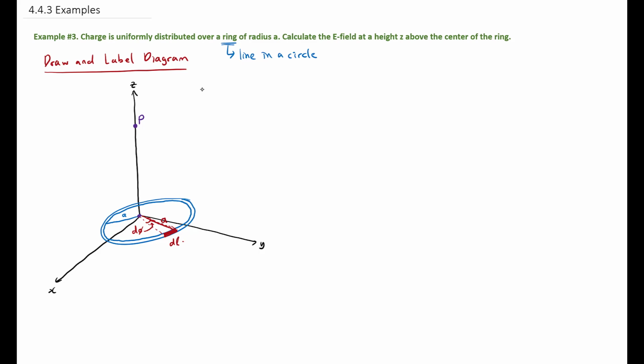So dl is the arc length, and it's a d phi. The other thing we know is that there's going to be a dq, a charge associated with this little baby step. So dq is going to be equal to some linear charge density times dl. So we have dq being equal to rho naught a d phi.